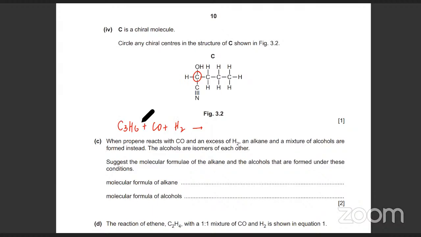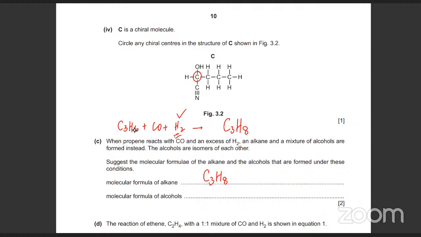Based on this, what is the alkane that's going to be formed? Well, if hydrogen reacts with this, hydrogenation would happen, right? So C3H8, sorry, C3H8. Yeah, that's the possible alkane, right?